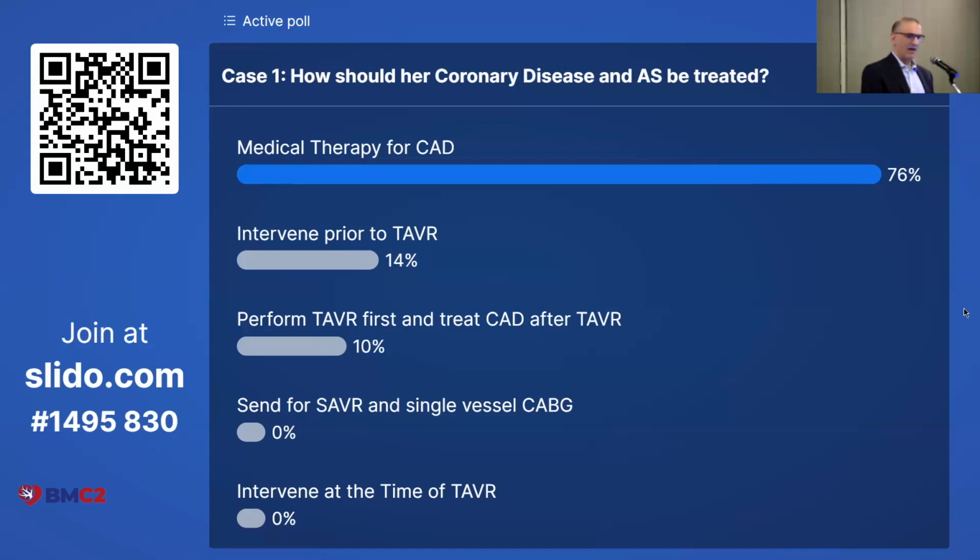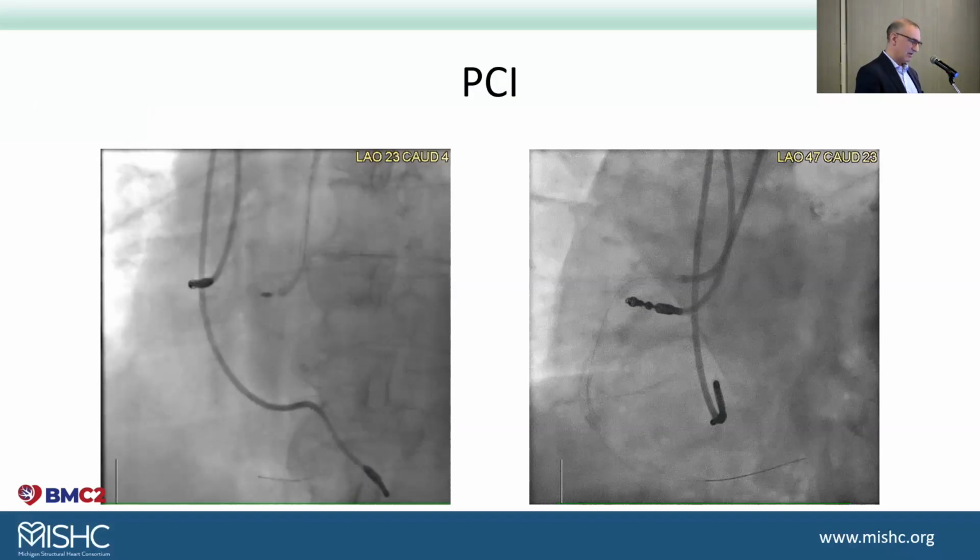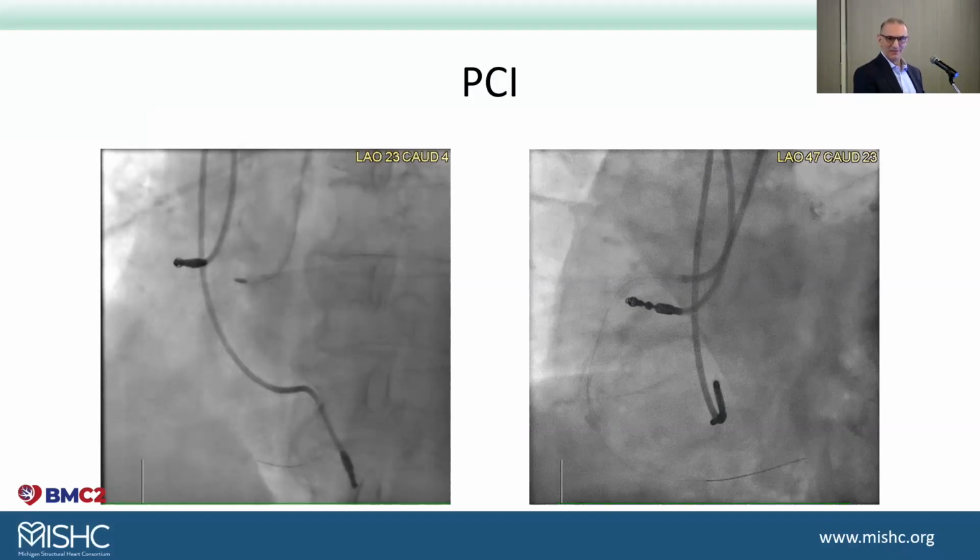So clearly, there's a big change from 41-41. We're at 76 for medical therapy. Unfortunately, we fixed, and I'll show you what we did.